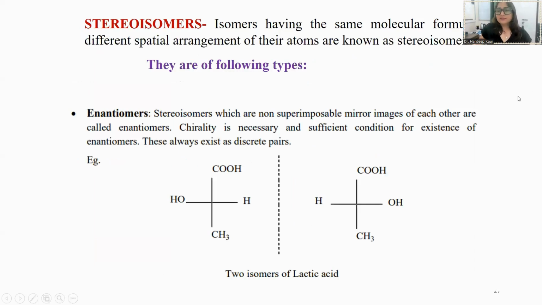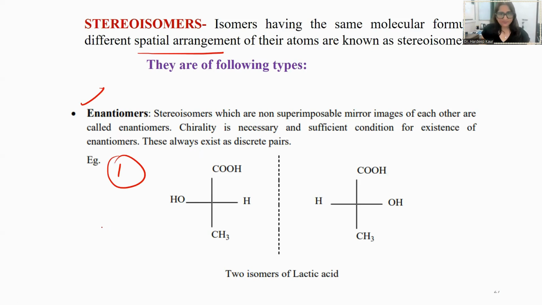Another term used is stereoisomers. So basically, what are stereoisomers? Isomers having the same molecular formula but different spatial arrangement of atoms are known as stereoisomers. They can be enantiomers. For enantiomers, we have already talked about how the compound should first be chiral.